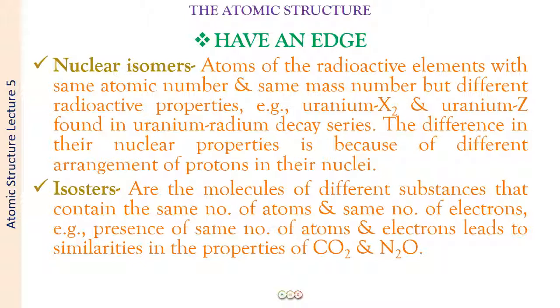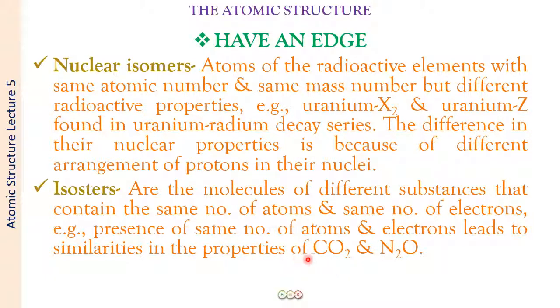And then one more term, isosters. What are they? They are the molecules of different substances that contain the same number of atoms and the same number of electrons. The presence of the same number of atoms and electrons leads them to have similar properties, right? So we have carbon dioxide and we have N2O.